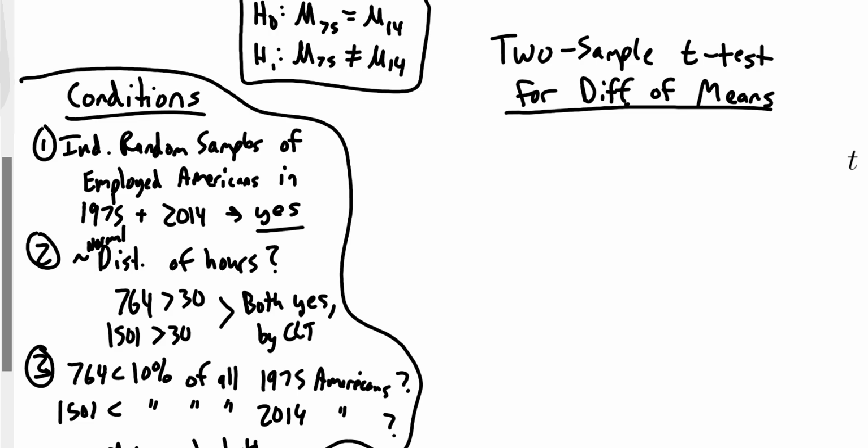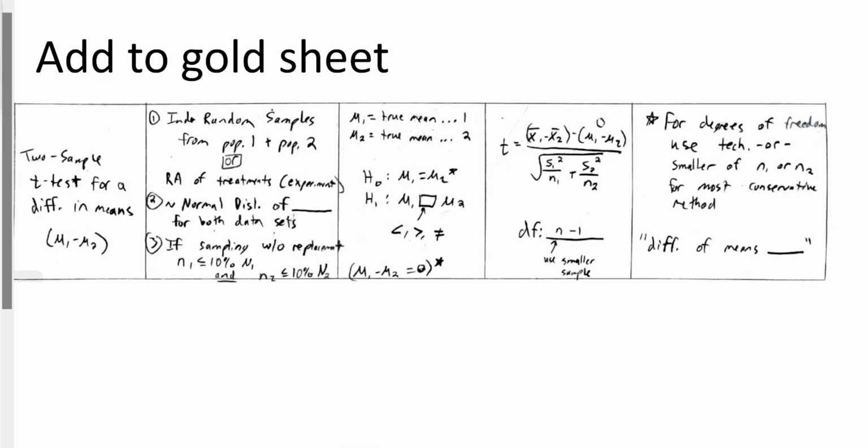Here's where I want to pause and go to our gold sheet and kind of fill some things in here. Because our formula is going to be slightly different, but it matches up with what we've been doing. So this is a 2-sample t-test for difference of means. We're going to do a mu1 minus mu2. We want to state that order in our thing. Make sure we state the order, especially when we get to our conclusion.